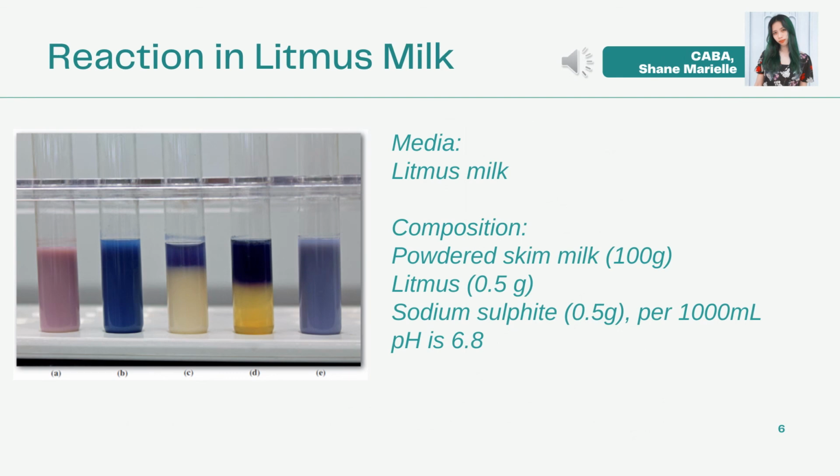The last test for this exercise is the litmus milk test. Milk is an excellent medium for the growth of microorganisms because it contains the milk protein casein, the sugar lactose, vitamins, minerals, and water. Litmus, a pH indicator, is incorporated in the medium for the detection of production of acid or alkali and oxidation-reduction activities.